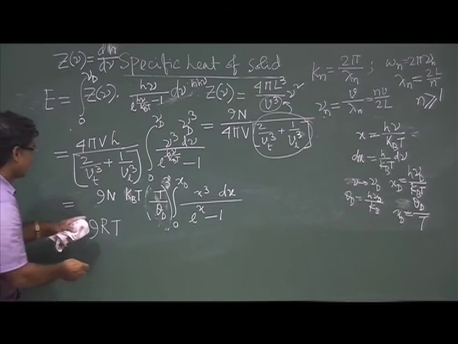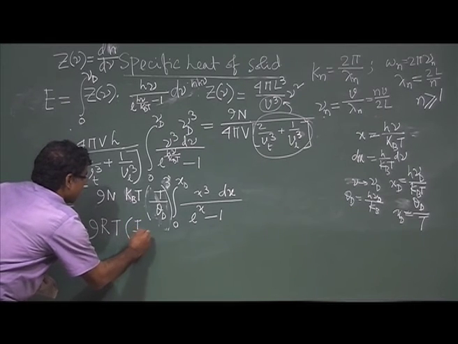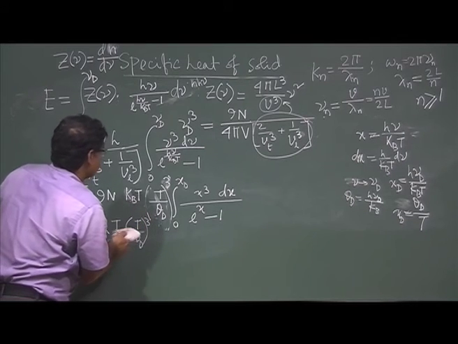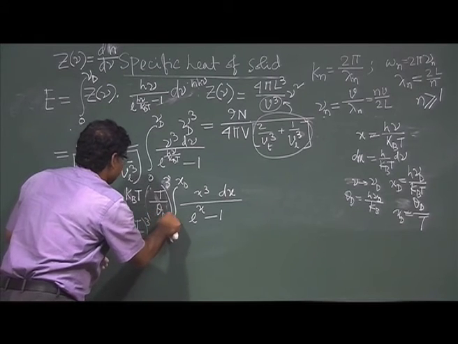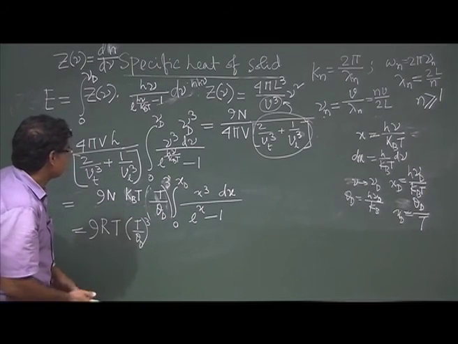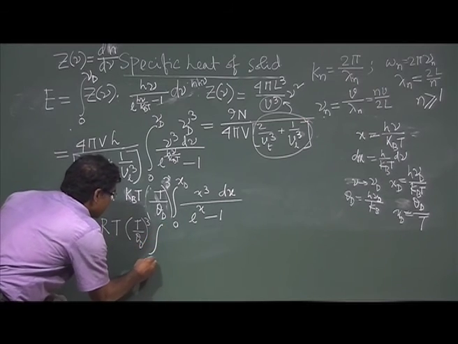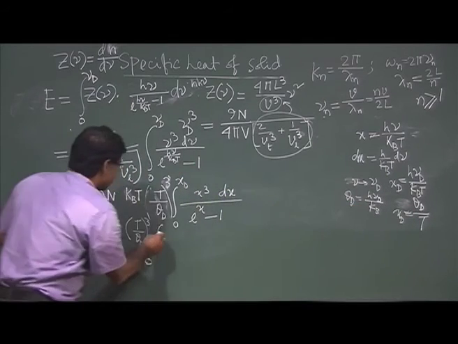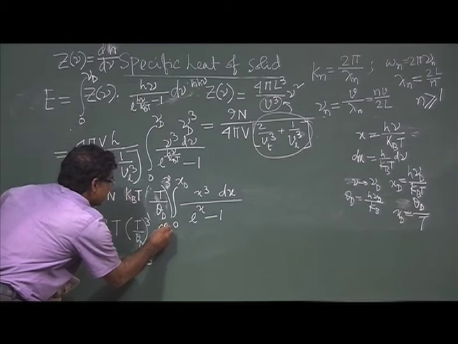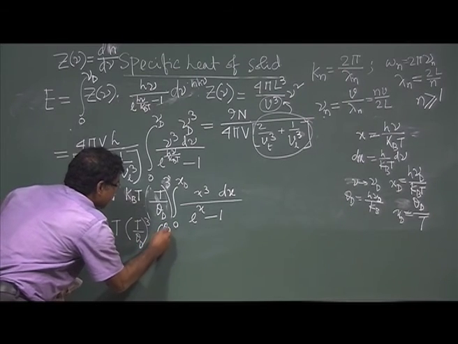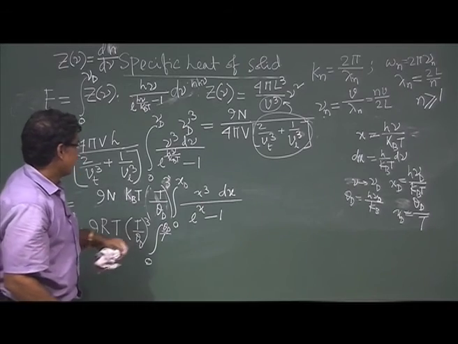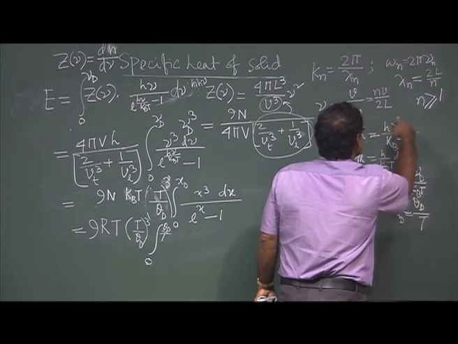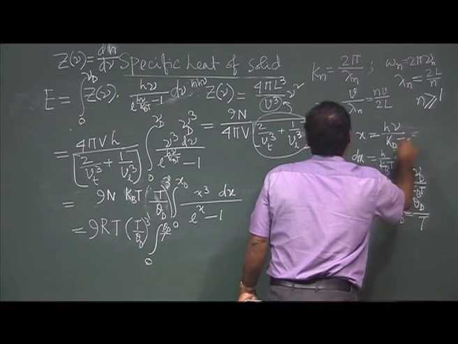So, then what I am getting is t by theta d cube, and then this part, 0 to x d, is nothing but theta d by t. So, this I can write as the limit theta d by t, and x is basically theta d by t.